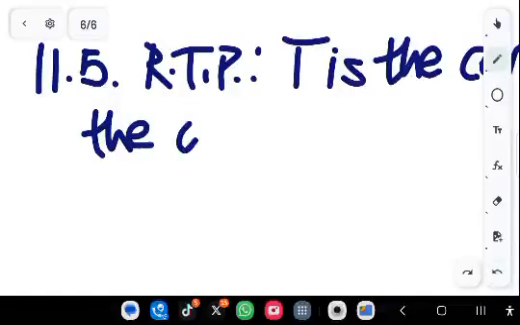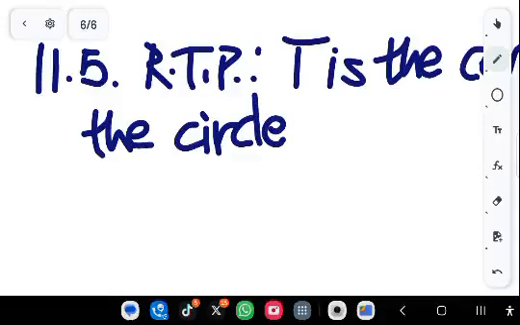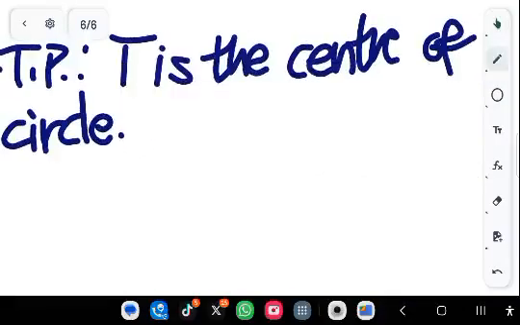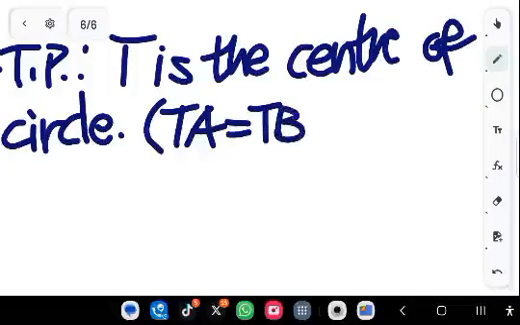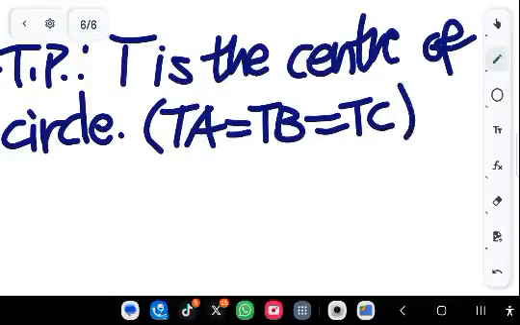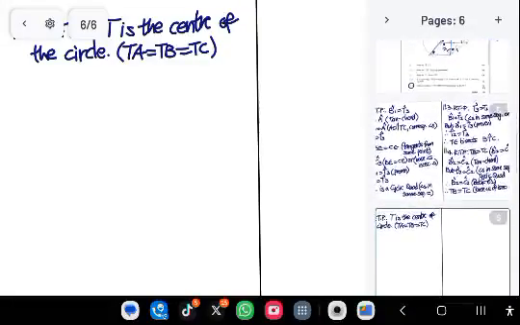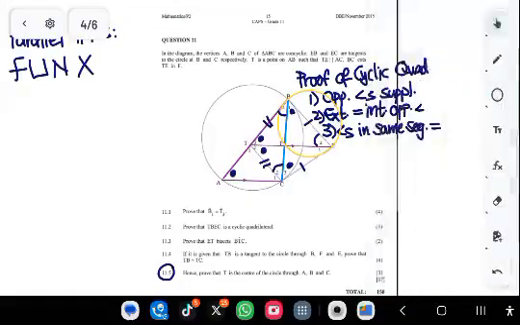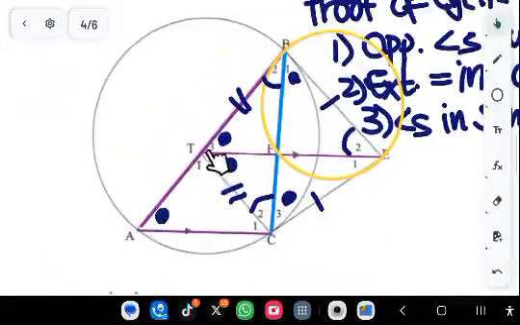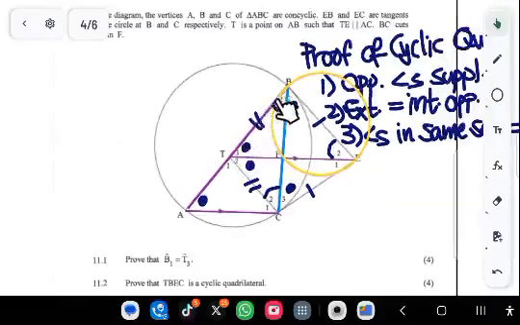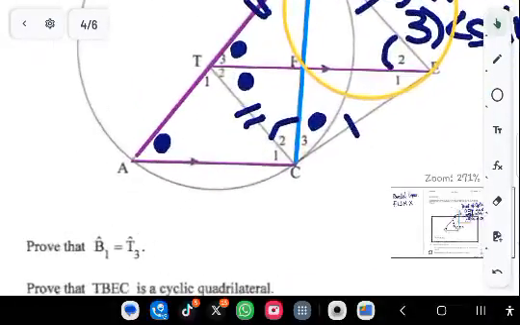In other words, TA equals TB equals TC. We've already proven that TB equals TC. So how do we prove that TA equals TC?